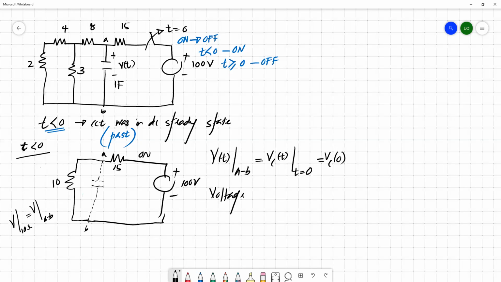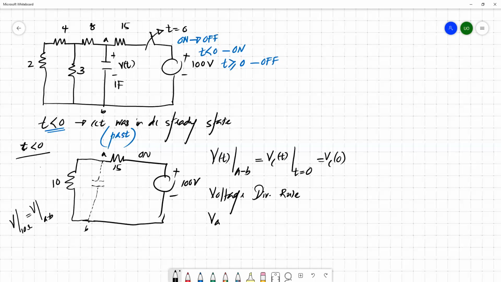You can just apply the voltage divider rule. So we have 100 volt across this 10 and 15. We know that this 100 volt is proportionally split among this 10 and 15. So how do you get this?